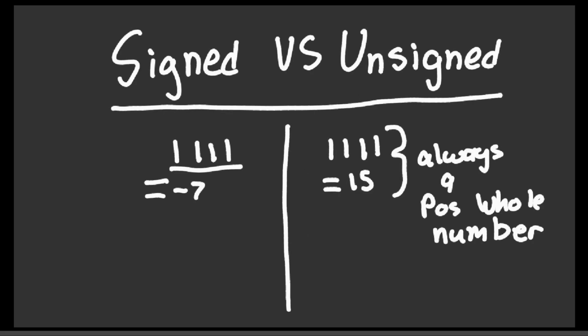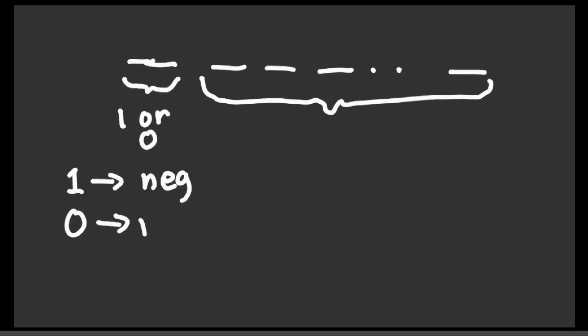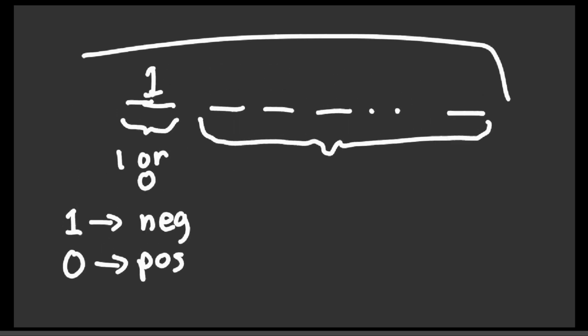Now you might be asking yourself, how are two numbers that are written the exact same way completely different? Well, the way signed numbers work is the leftmost digit, the most significant bit, is either 1 or 0, and 1 represents negative numbers and 0 represents positive numbers. So if I had a 1 here, this whole number would be negative.